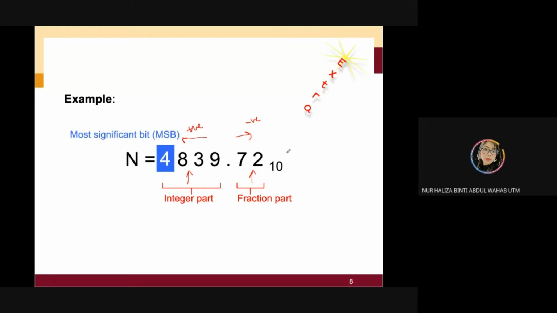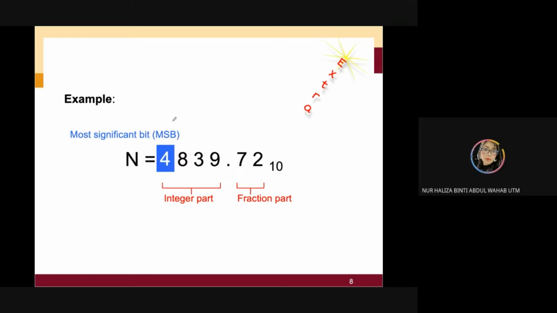And in numbering system, you're going to have the most significant bit, MSB. For your MSB, it's on your left. Nombor paling besar, which is the biggest number, we call as MSB.